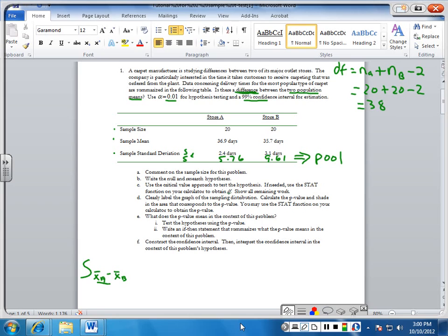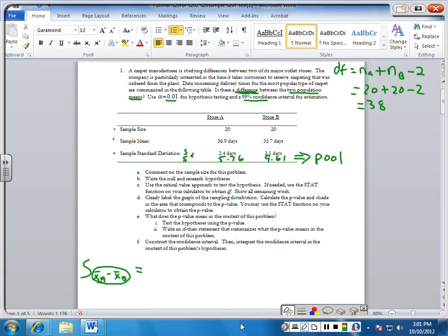All of this is just a subscript. That just tells you what the statistic is in this problem. Since the parameter is the difference between two population means, the statistic is the difference between two sample means. There's no other numerical meaning. That's just a subscript to tell you what the sampling distribution is.